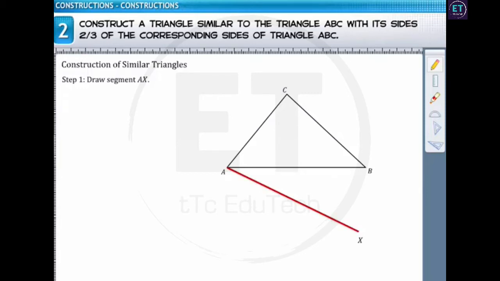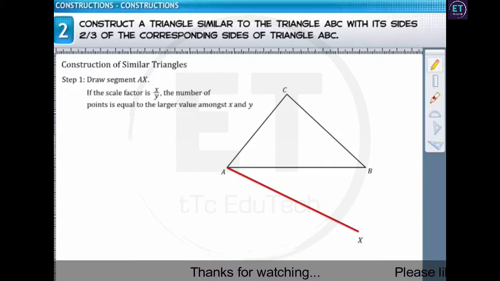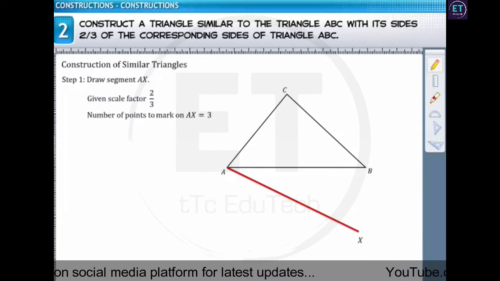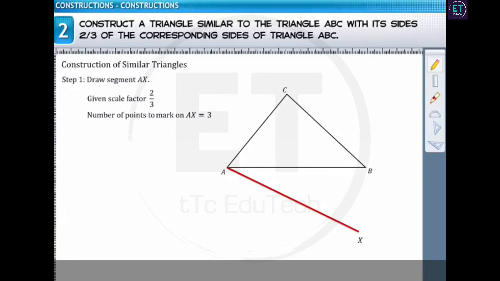The number of points depends on the given scale factor. If the scale factor is x by y, the number of points is equal to the larger value amongst x and y. Here the given scale factor is 2 by 3. So the number of points you will mark on AX is 3, since between 2 and 3, 3 is greater.